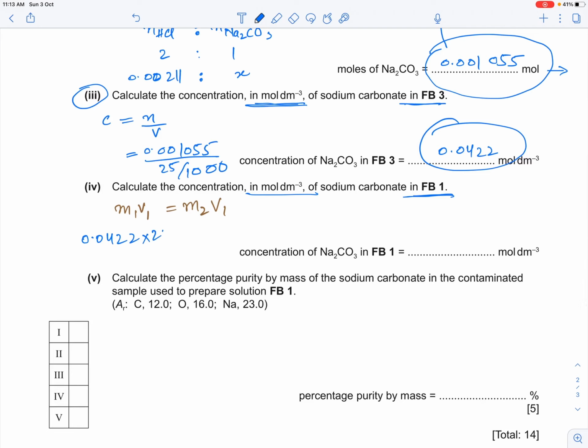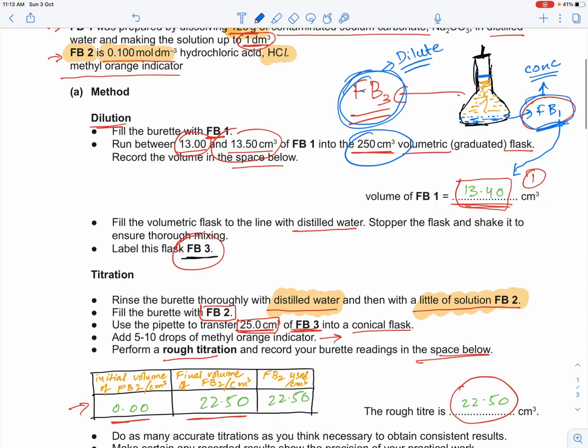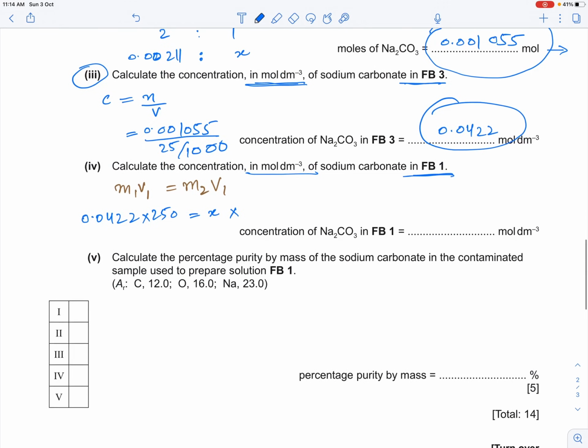So 0.0422 multiplied by the volume of diluted solution is equal to the concentration of the actual solution, FB1, which we need to find, X, multiplied by the volume of FB1. What volume of FB1 did you take in the first part? We took 13.40 cm cube.